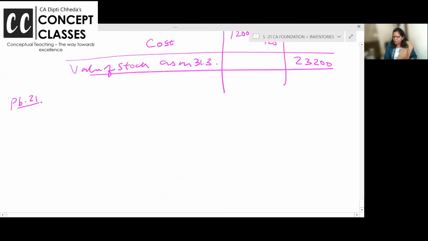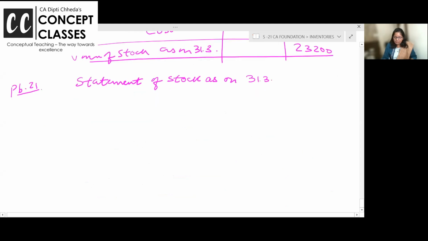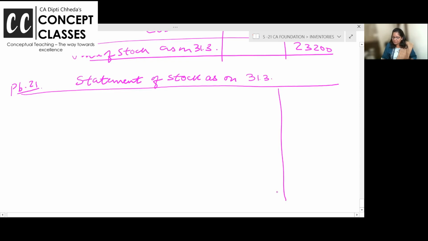Problem number 21. Statement of stock as on 31st of March.